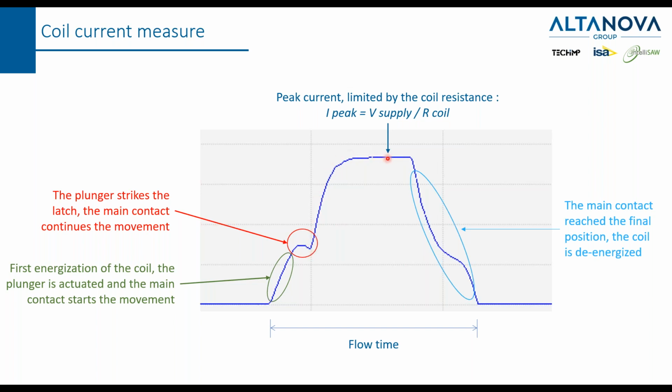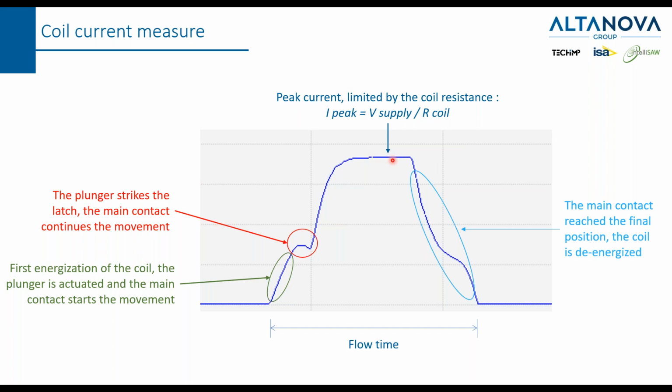After that, the current continues and reaches the peak. The peak is only limited by the resistance of the coil itself. Of course, thanks to Ohm's law, it also depends on the supply voltage. But a variation of this peak suggests a variation of the resistance of the coil. Typically the resistance of the coil can increase because it starts to become old, and if it is less conductive, this can create a problem.